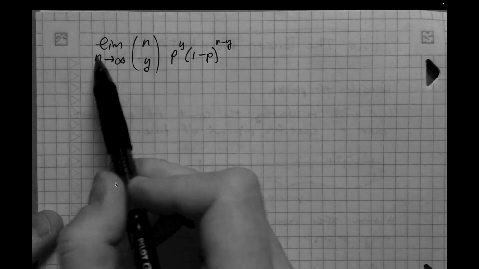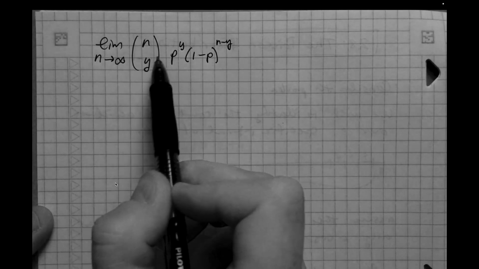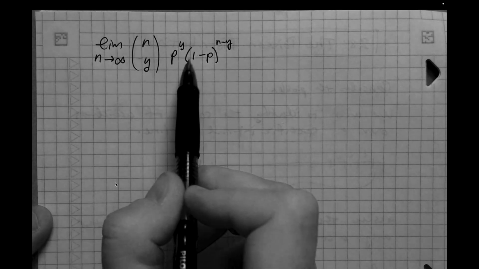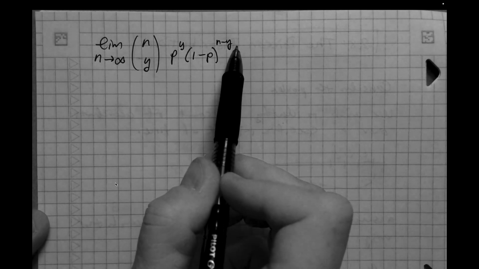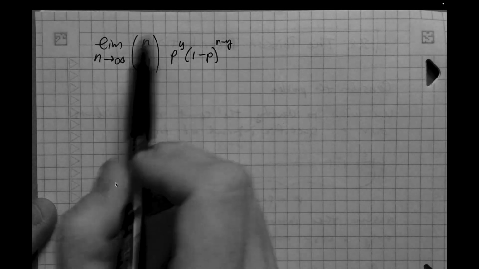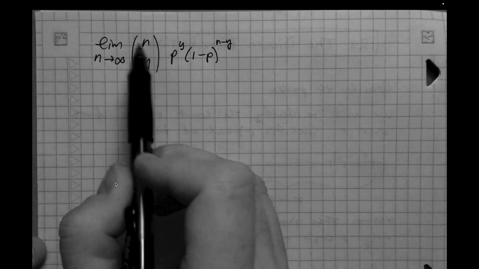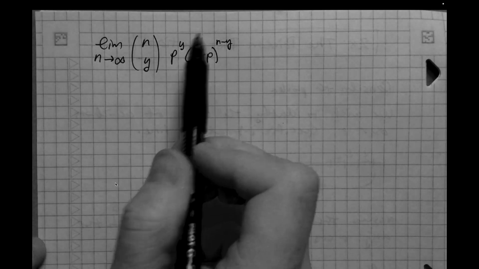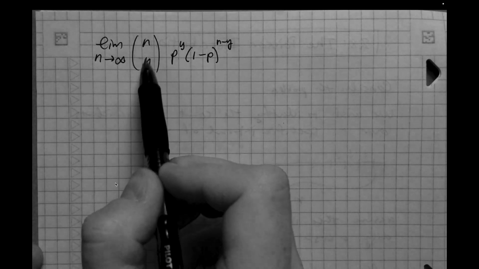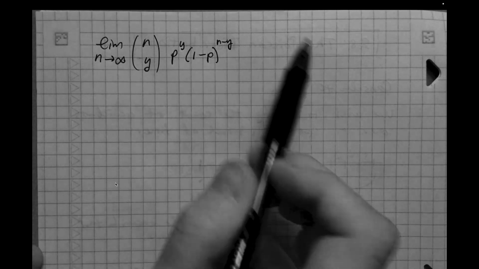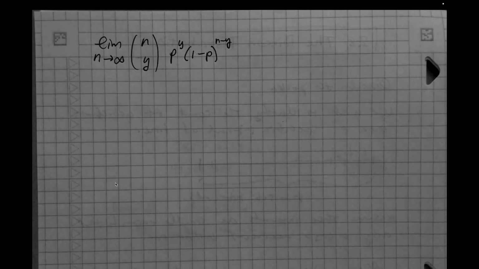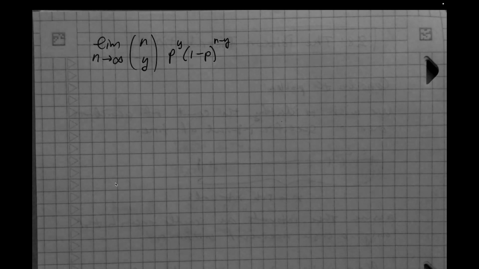Remember, n is the total number of trials, which we let go to infinity, and y is the specific value of the random variable whose probability we want. We'll see what happens when we take this limit.